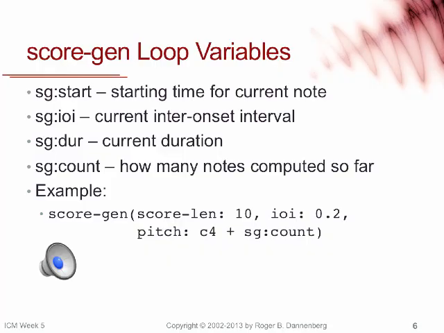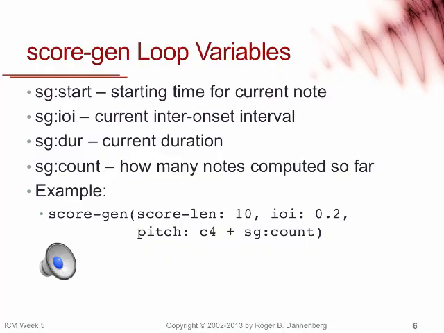I should recommend that you read up on score-gen in the reference manual for a full description. It's not something that you can just intuitively write down and remember how everything works. And also, I'll confess that the IDE is not very helpful in terms of suggesting what the parameter values are.